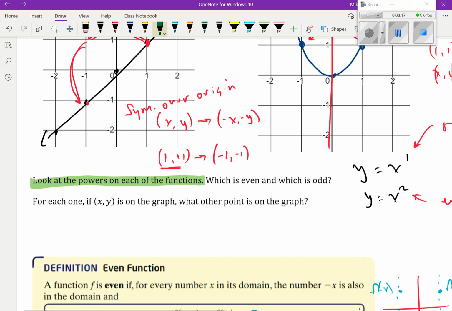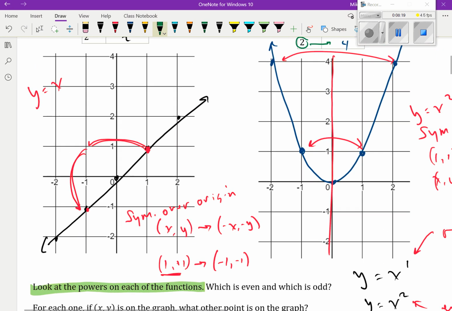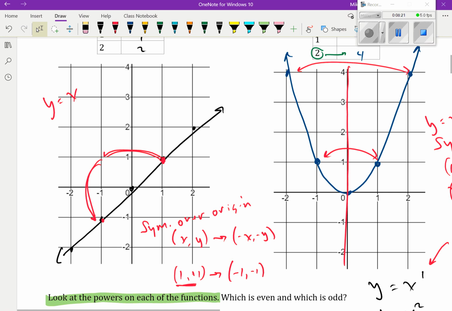As we take a look back up here at our odd function, we said what happens then, so if I plug in negative x, what I end up with is the negative of y. Another way to write the y value is f of x. So if I take negative x as my x coordinate, another way I can write the y coordinate is f of x.